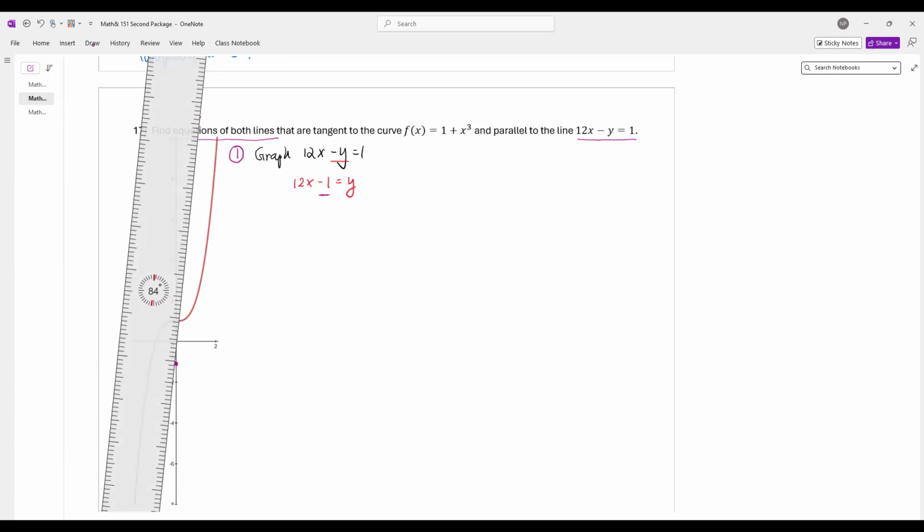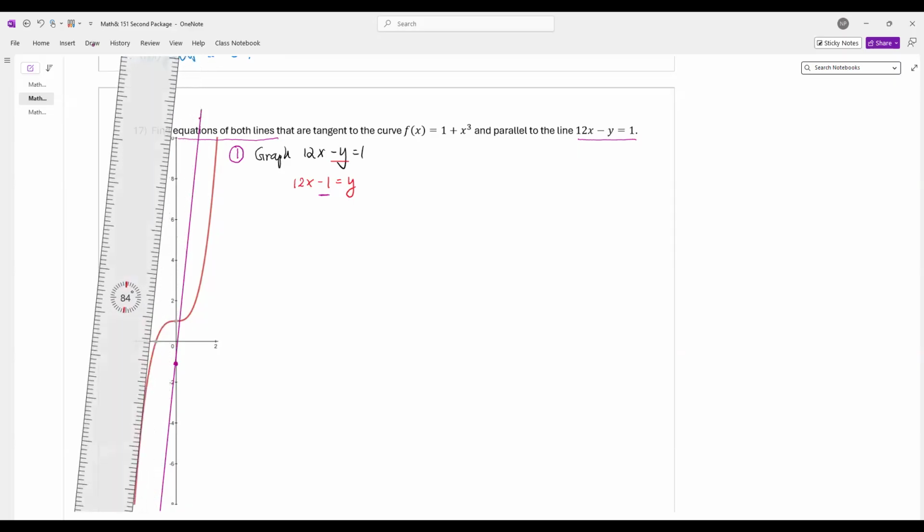Then of course, you will see that this line right here will be y equal to 12x minus 1.